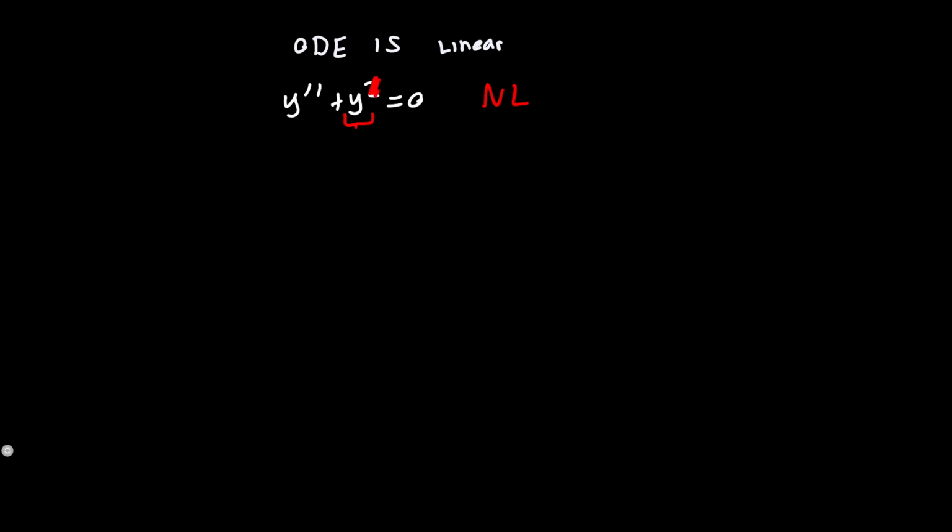If this was gone and it was just 1, then it would be linear, but since it is raised to the power of 2, it is nonlinear due to the quadratic term. What about y times y prime is equal to 1?